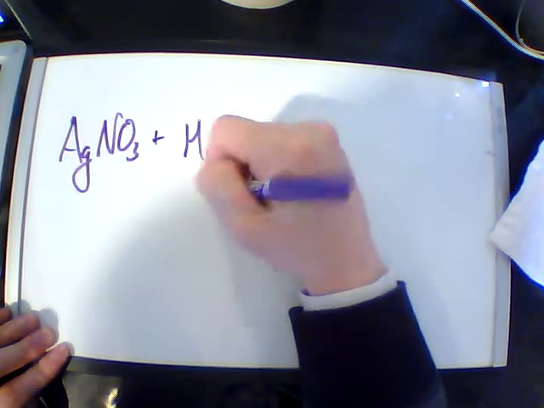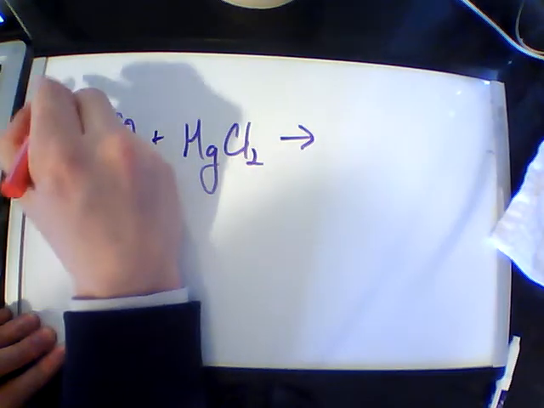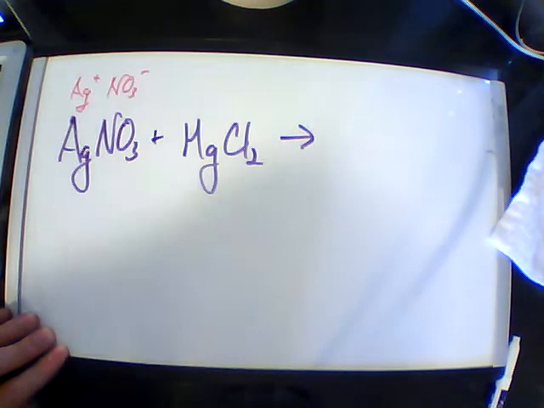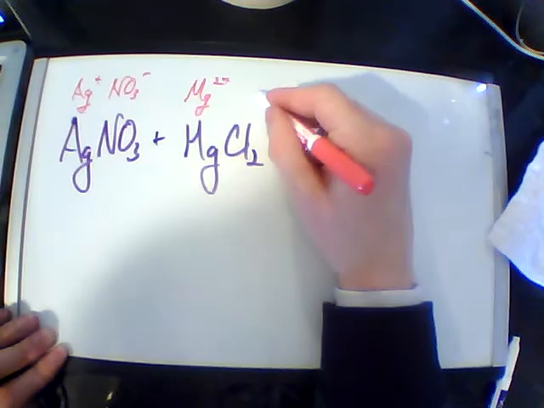Number 6, AgNO3 plus MgCl2. Figure out what your cations and anions are. I've got silver, which is always +1, bonded to nitrate, NO3-. Magnesium in group 2, it's Mg2+, bonded to Cl-.